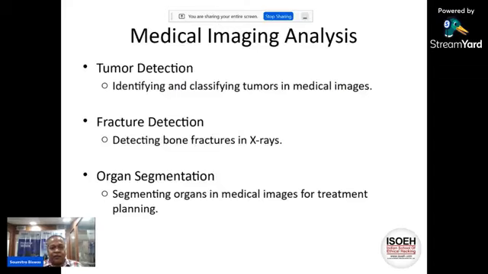Next one is organ segmentation. Segmenting organs in medical images for treatment planning. What is this? Suppose we are talking about blood sugar.